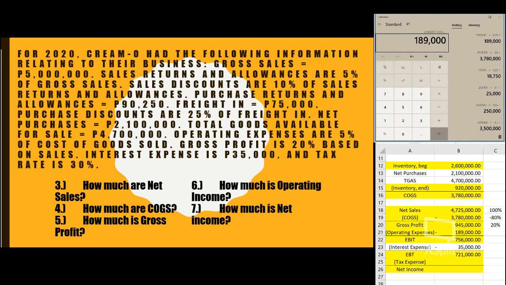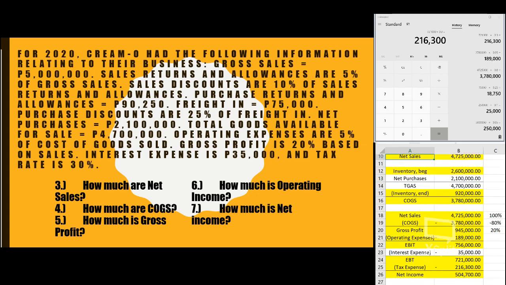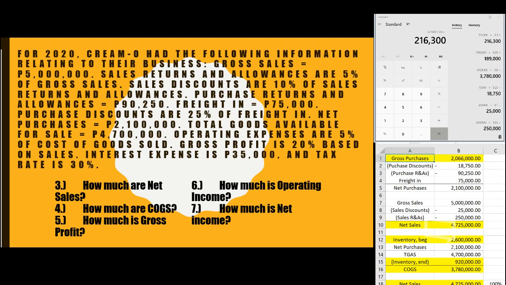So, 721,000 times 0.3, we have 216,300, and then this one is negative based on the formula. So our net income will be 504,700. So, okay guys, 'di ba napuno natin lahat.